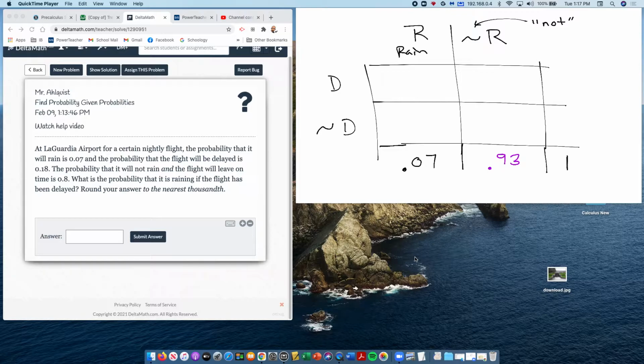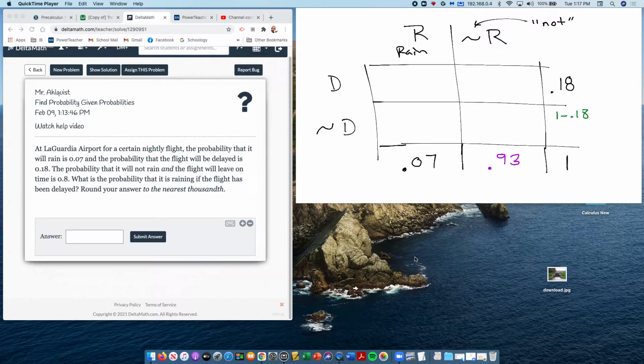The probability that the flight will be delayed is 0.18. So you know that the probability that the flight is going to be delayed is this delayed column. That's 0.18, which means that the probability that this flight is not going to be delayed is 1 minus 0.18, because those two things have to add up to 1, and it makes sense.